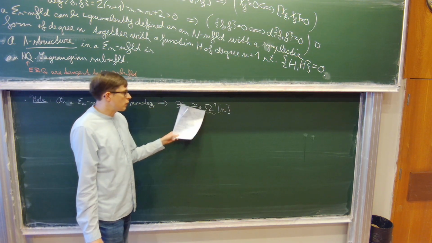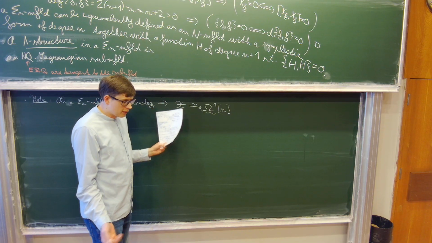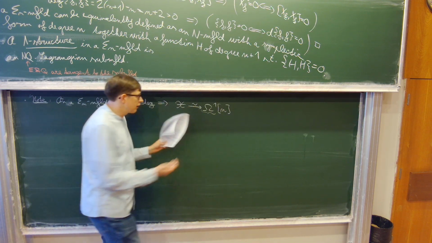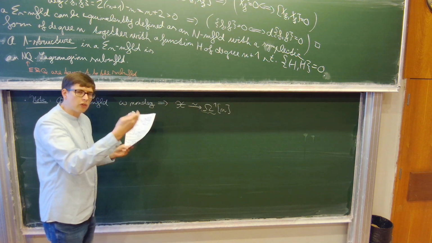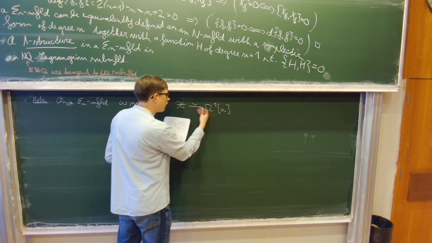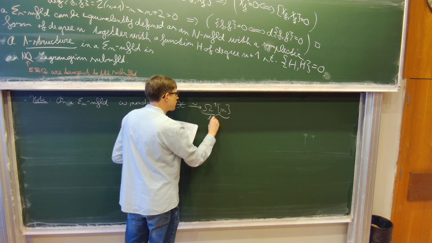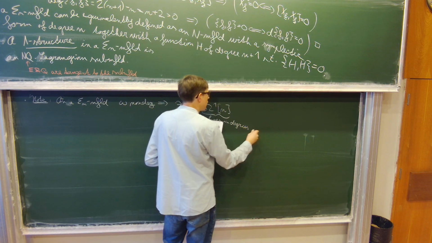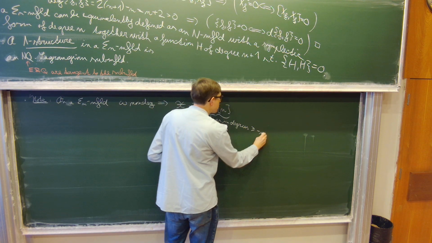What are the possible degrees of one forms? Well, since the manifold was non-negatively graded, the grading is in degree 0, 1, 2, etc. And if I shift it down by n, this means that this thing lives in degrees greater or equal to -n.